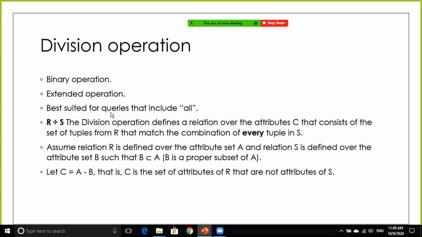It is best suited for queries that include all. So whenever a query is given and it contains this word all, then we can apply division operation.